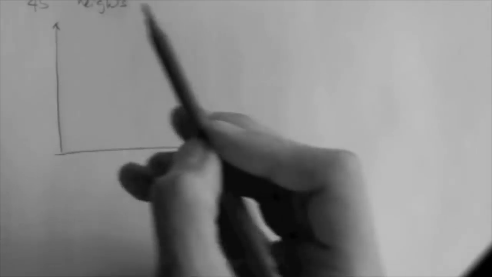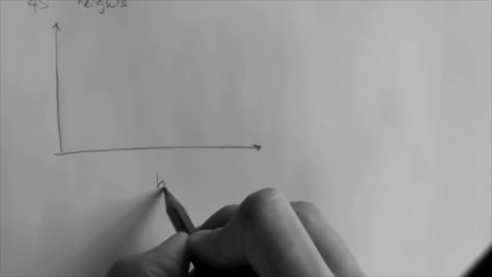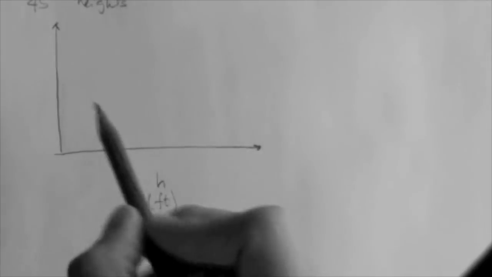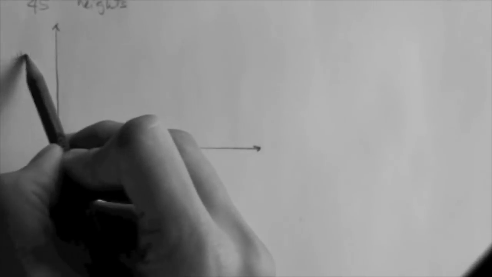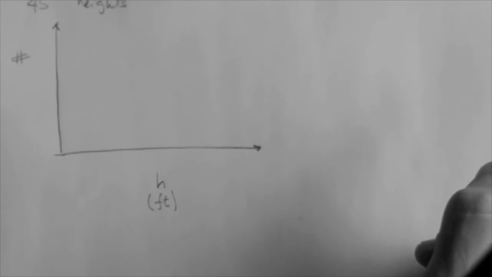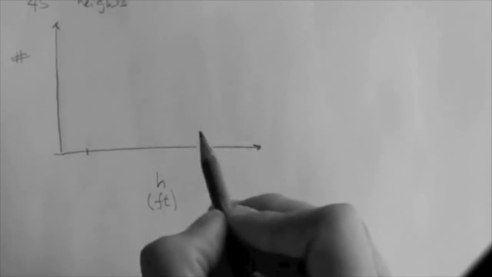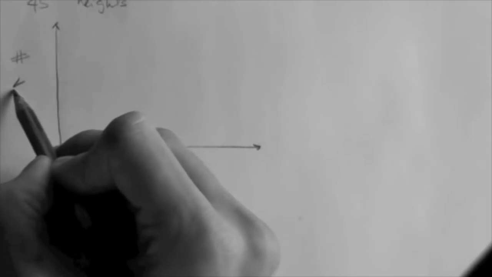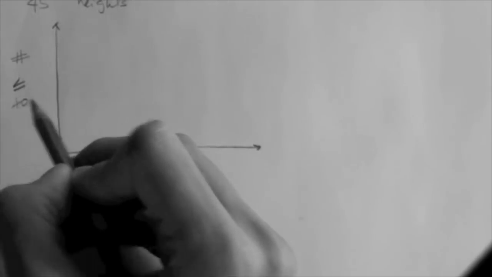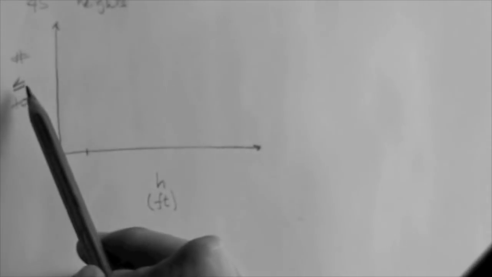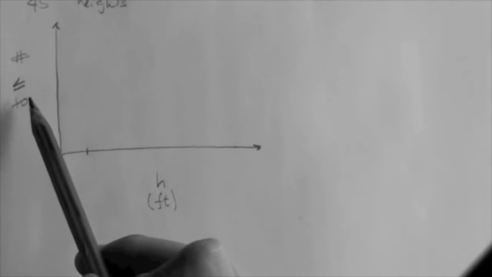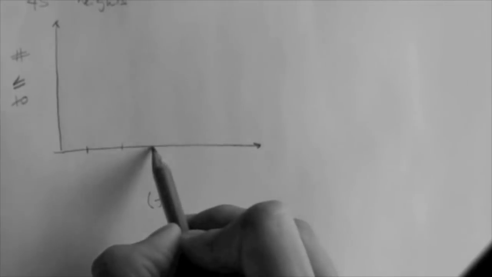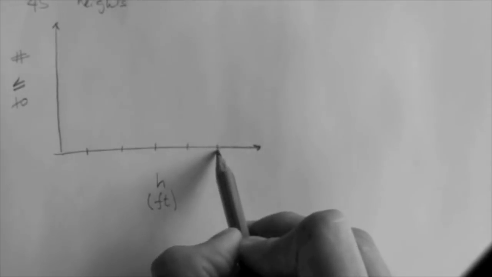We're going to put here height, feet, and here we're going to put number. We're going to say number smaller than or equal to, that is, the number of people smaller than or equal to this height. I know that's kind of weird English, but you know what I mean.